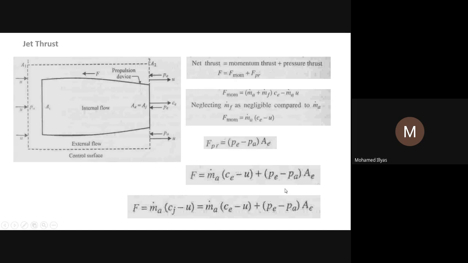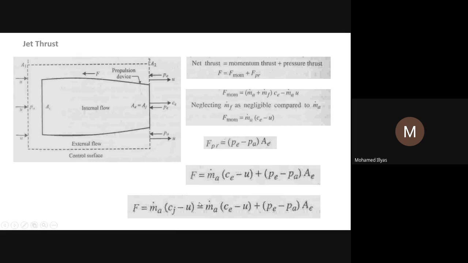If there is a complete expansion, we'll get momentum only with respect to the change in velocity. If it is incomplete expansion, then we'll get a slightly reduced momentum. In that way, we can understand the jet thrust a gas turbine engine produces with the help of a nozzle.